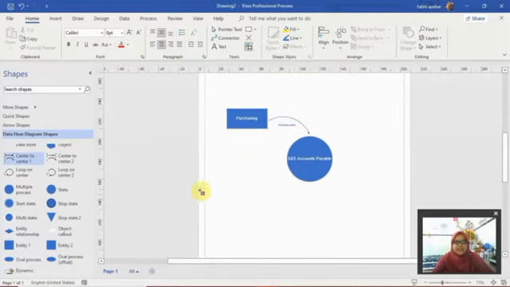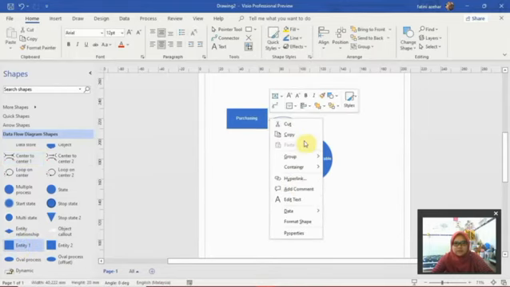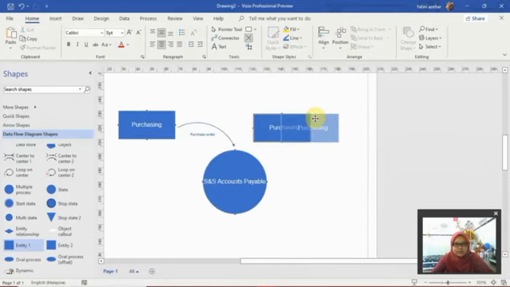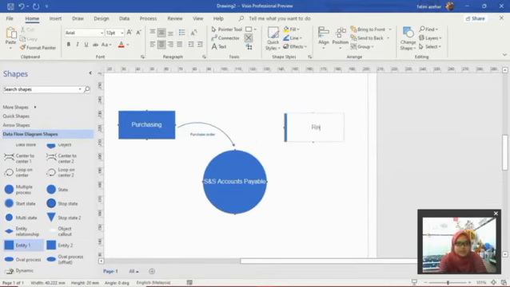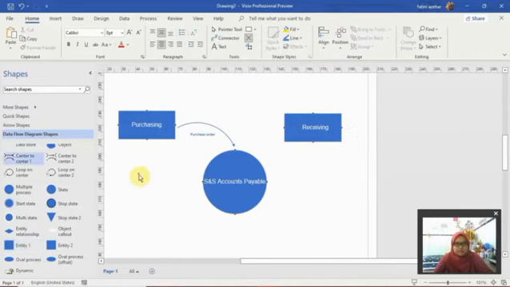The third department is the receiving department. Here, we know that the receiving department sends the receiving report, so here we write the receiving report.